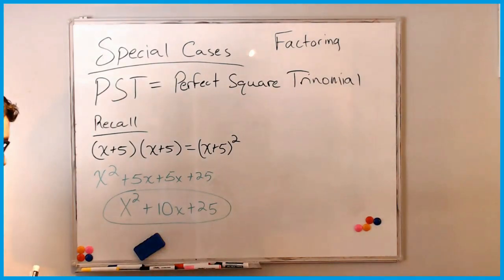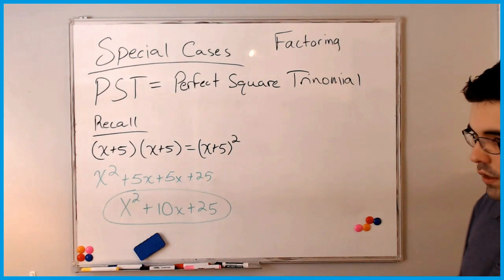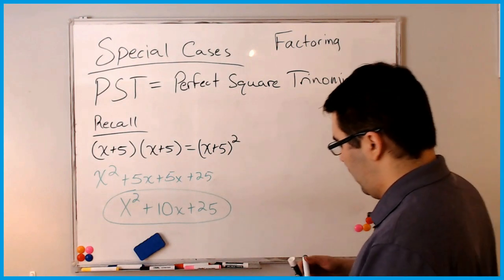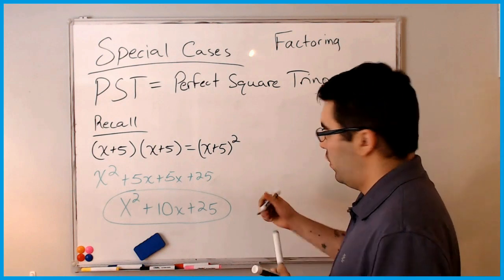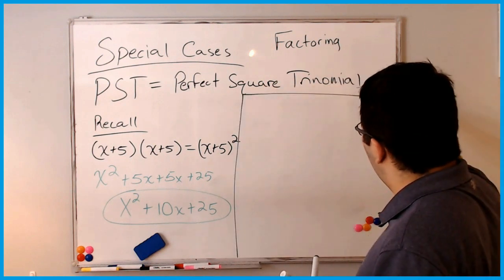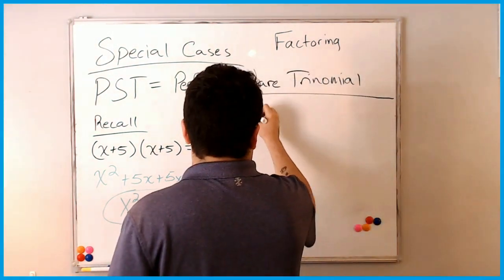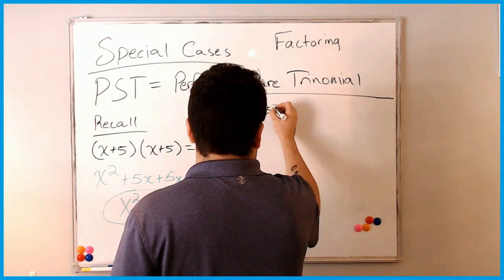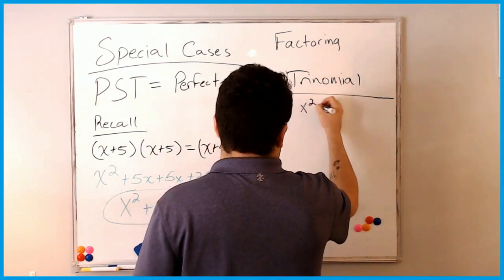The question is, can we find the pattern? And it's not always obvious, but I'm going to take the time to show y'all what the pattern is. So we just determined that (x plus 5) squared equals x squared plus 10x plus 25.